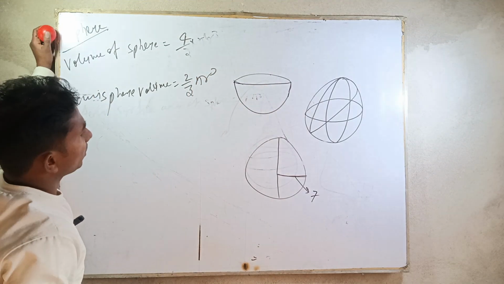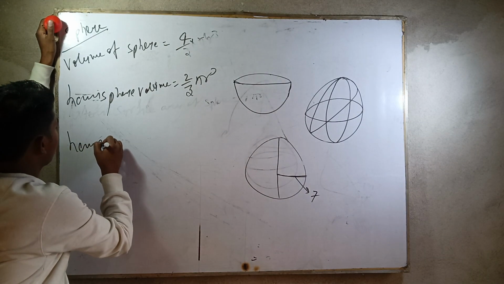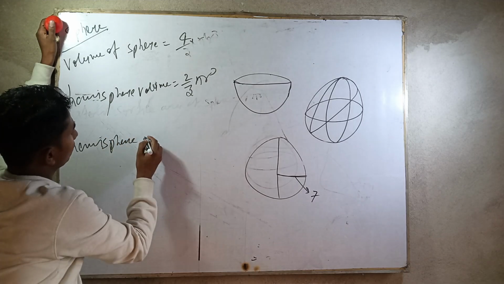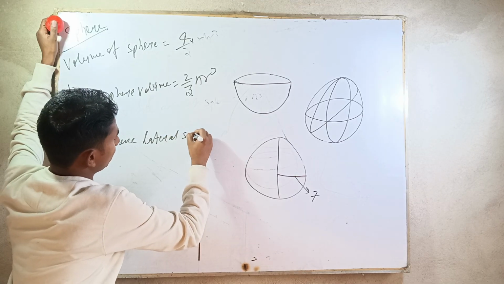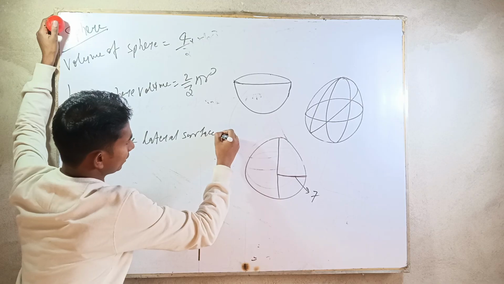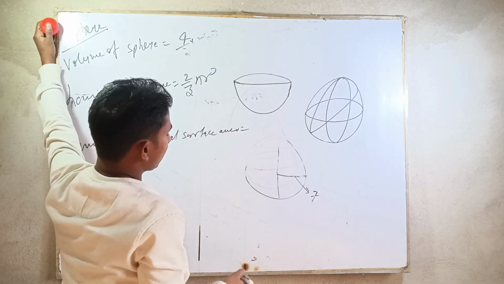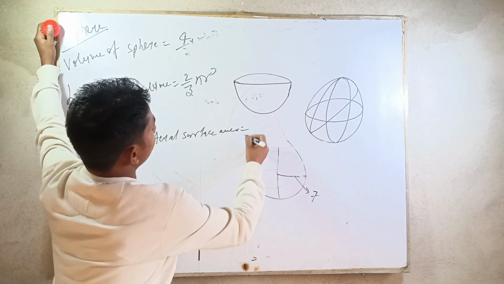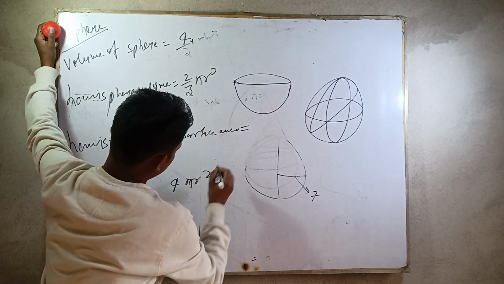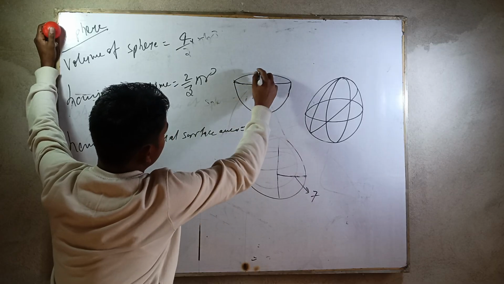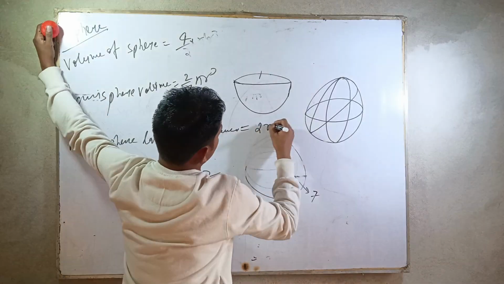This one is the hemisphere. For the hemisphere lateral surface area, I know that the lateral surface area of the full sphere is 4 pi r square, so dividing this it will be 2 pi r square.